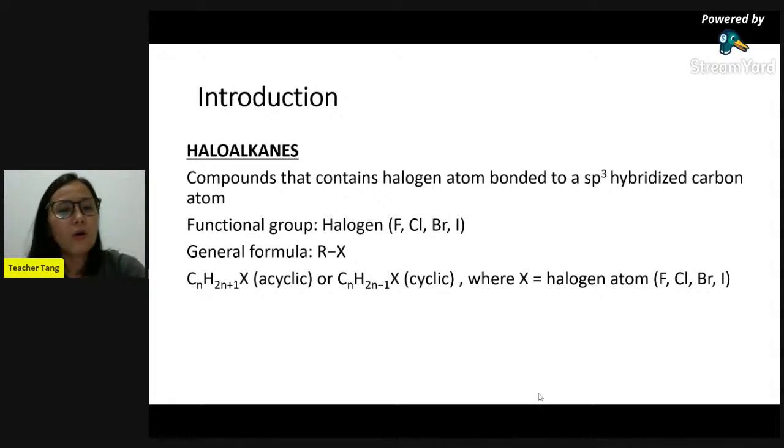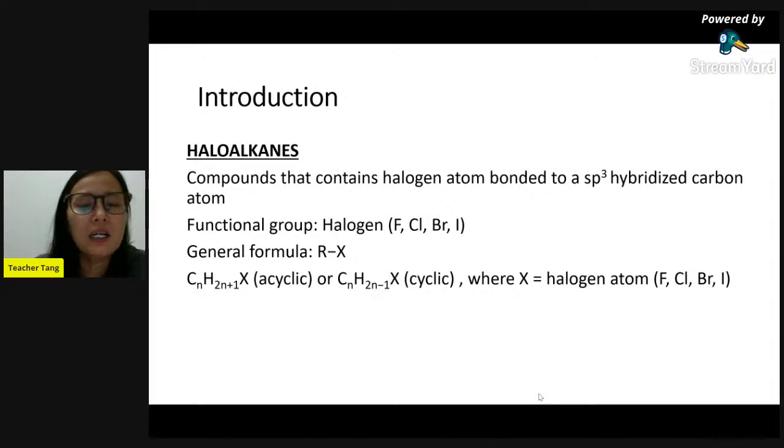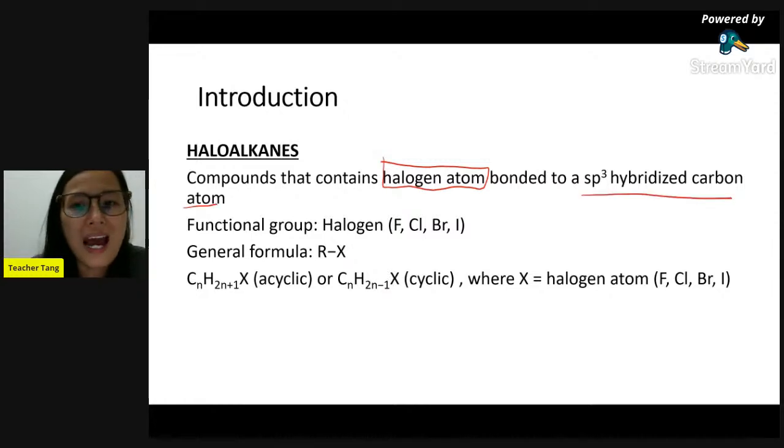So for haloalkane, basically we have the halogen functional group attached to an sp3 hybridized carbon atom. So in haloalkane, the halogen is attached to an sp3 hybridized carbon atom.